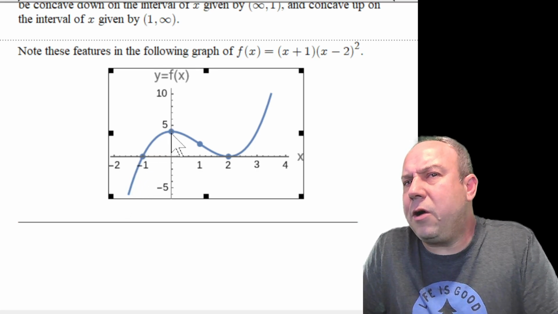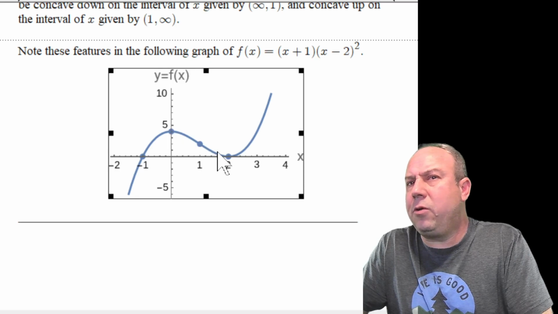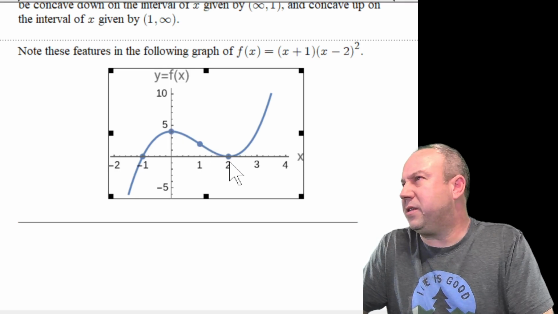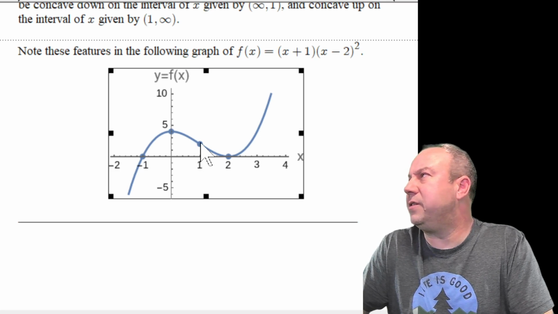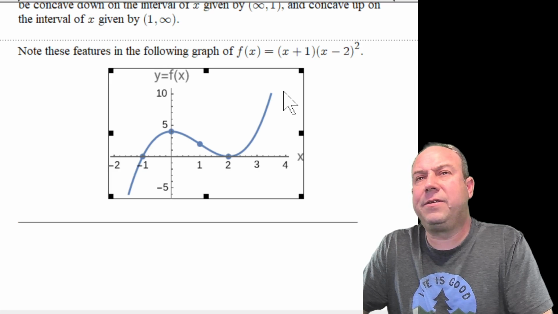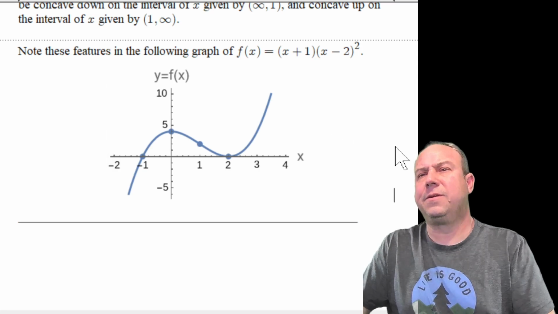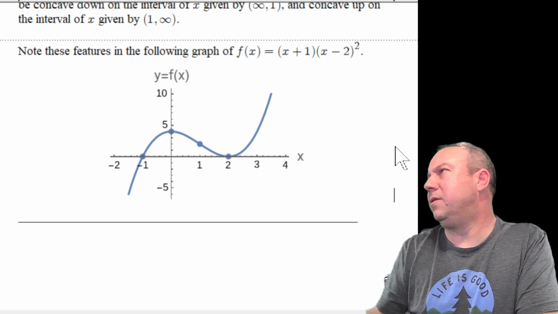Not only do we know the x and y intercepts, but we also know where those extreme locations are, specifically, and we know where our point of inflection is. And all of that is illustrated here in this graph. All right. That is the case for a polynomial example.